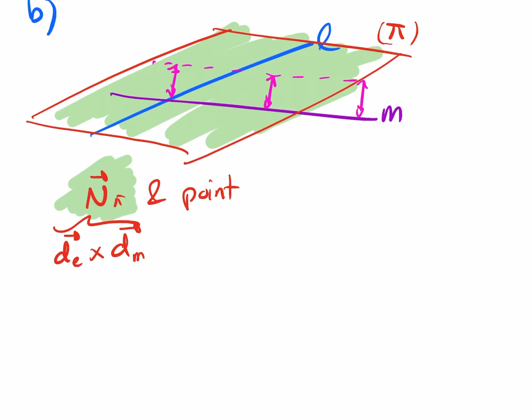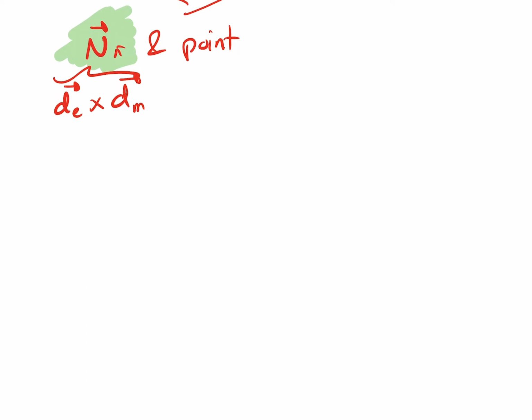So how do we do that? For finding the cross product of two vectors, first we need to find the vectors. One of the vectors is 1, -2, 3, and the other vector is 2, 1, 0.